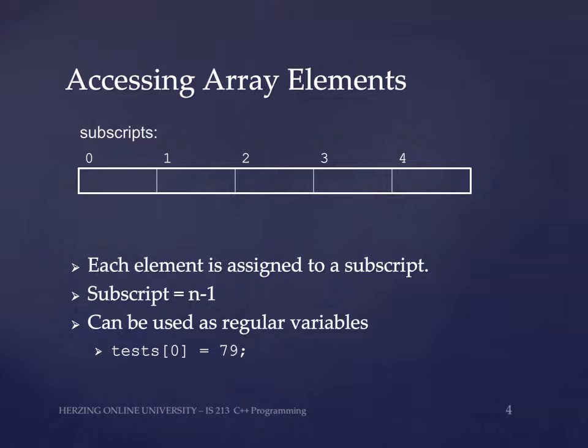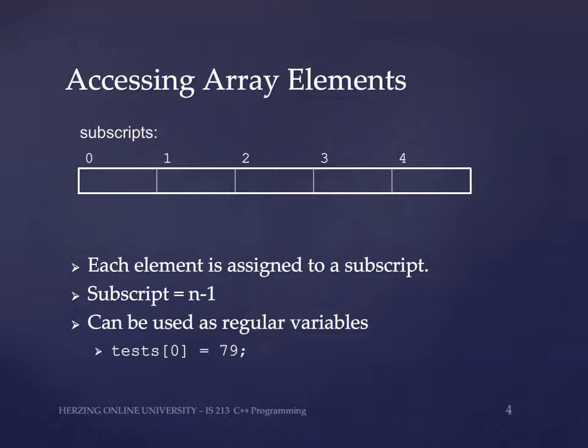Accessing array elements. How do we access the elements inside the array? Each element in an array is assigned a unique subscript, and subscripts start at 0. The last element's subscript is n-1, where n is the number of elements in the array.